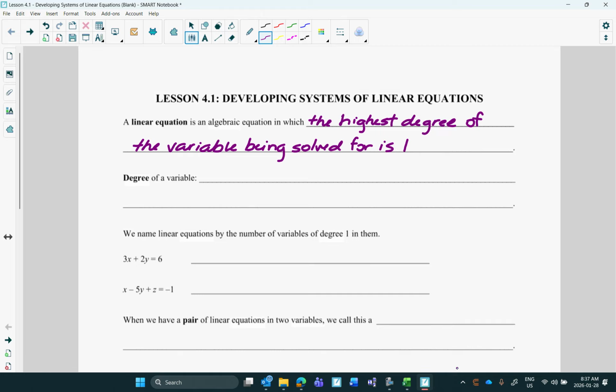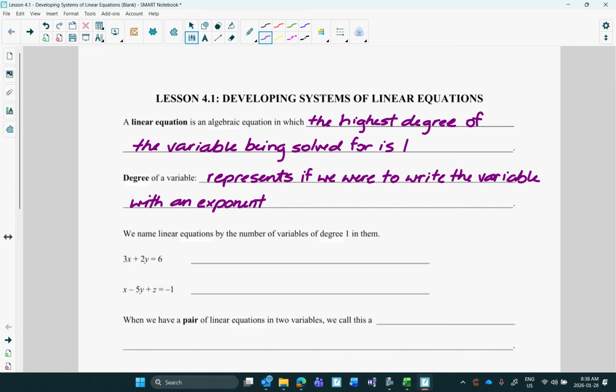And the degree of a variable represents the exponent if we were to write the variable with an exponent. So examples.